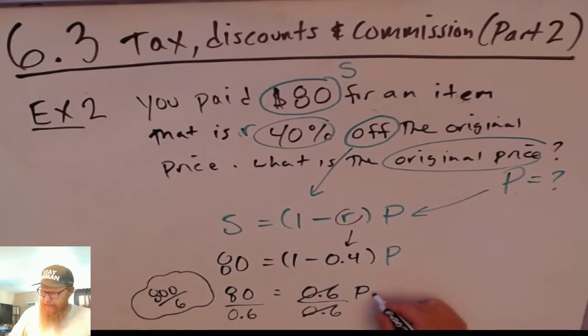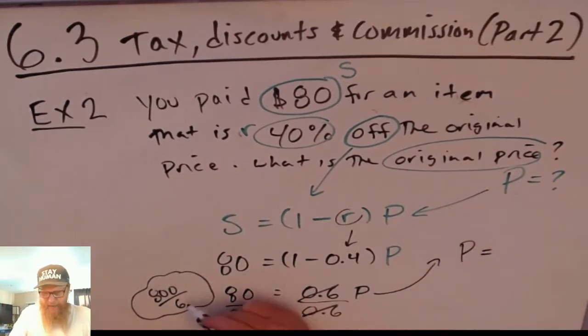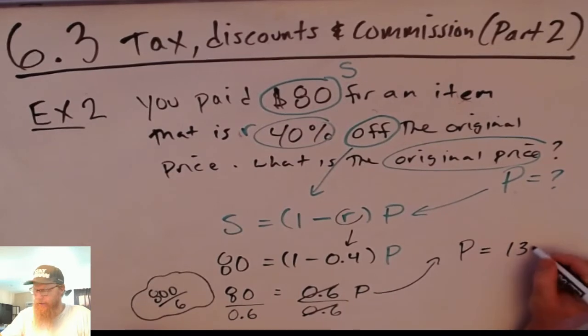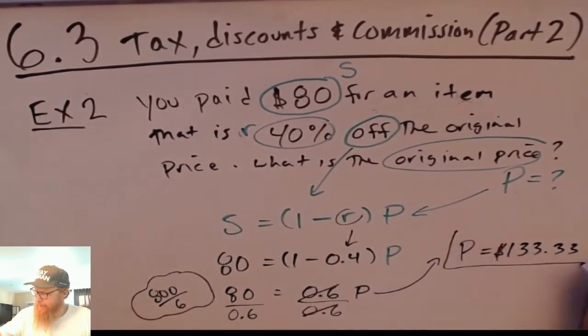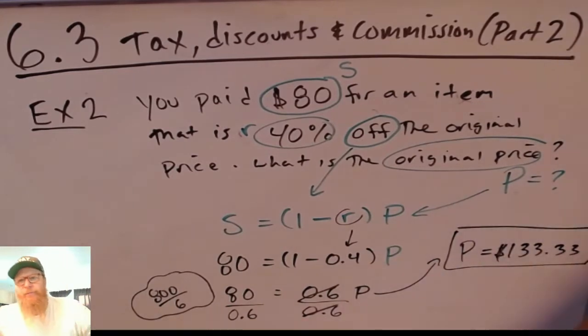So P is 800 divided by 6, which comes out to $133.33. It's 3333 forever and ever, but I'm just going to say 33 cents, rounding. Okay, so that's it for the discounts.